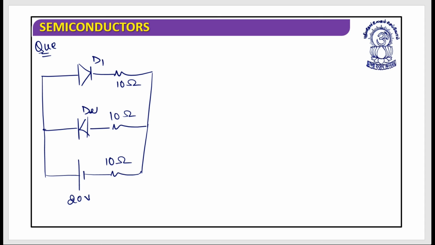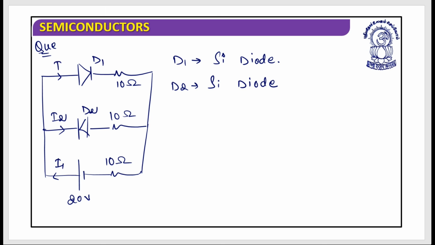They said diode D1 is a silicon diode, and D2 is again a silicon diode. What you need to do is find this I1, this I2, this I3.